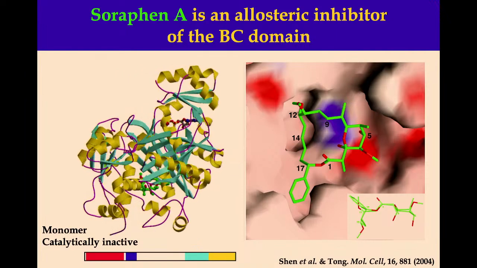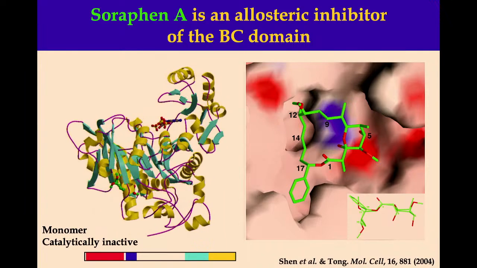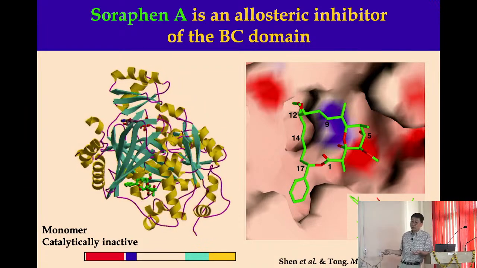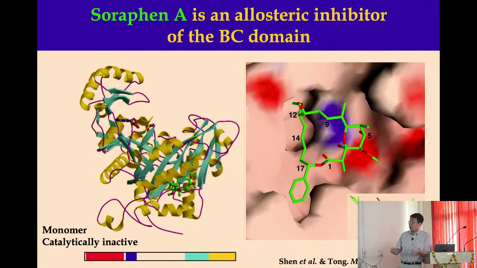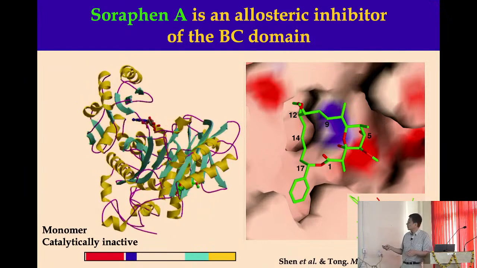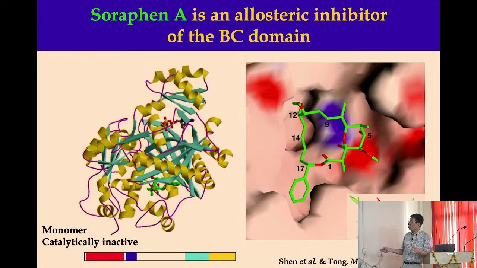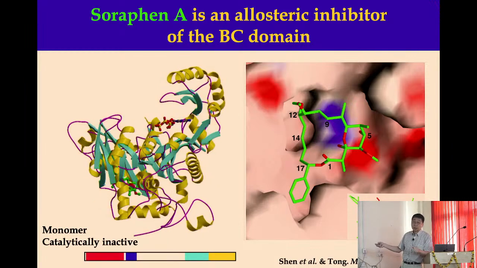Then the question is, how does binding sorphin here affect catalysis up there? We didn't have a clue back in 2004 when we determined the structure. Now we do, so I'll get there sooner or later. So this is the issue: why is BC a monomer? Why is it not active? How does sorphin binding here control catalysis up there?